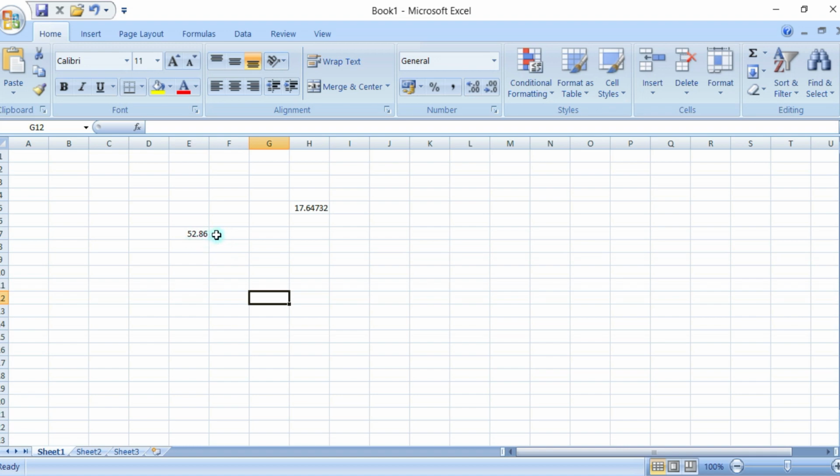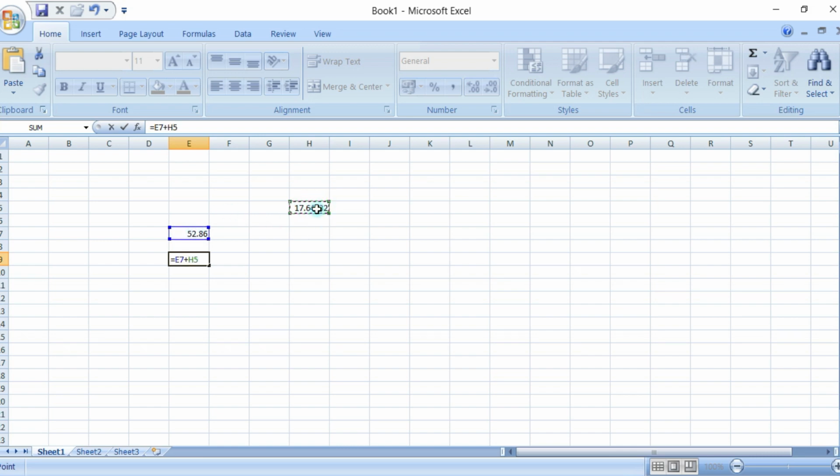So this one equals this one plus your mean equals 70.10. You divide by 2.